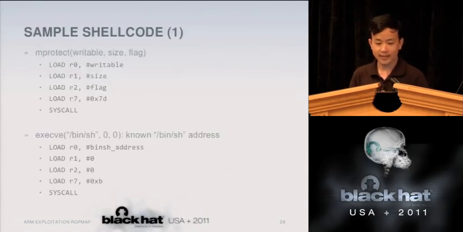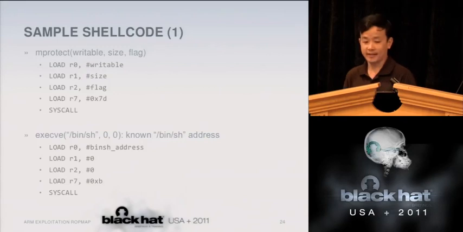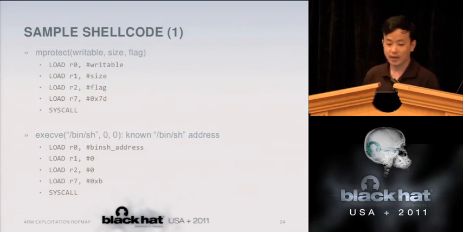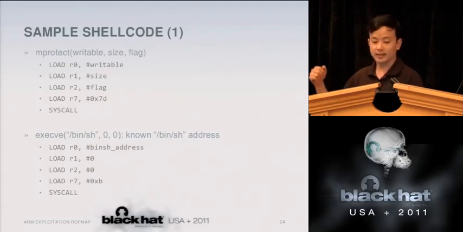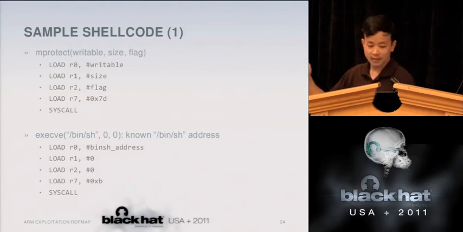Now, how do we write shellcode in our defined intermediate language? Here we have some simple shellcode. For example, mprotect: we call memory protect on a writable address with the size and with the flag.